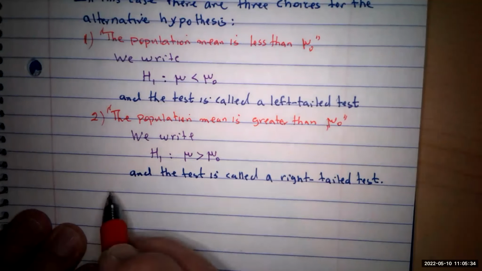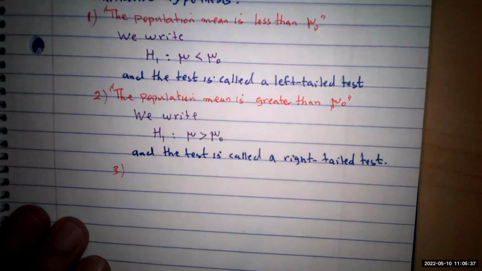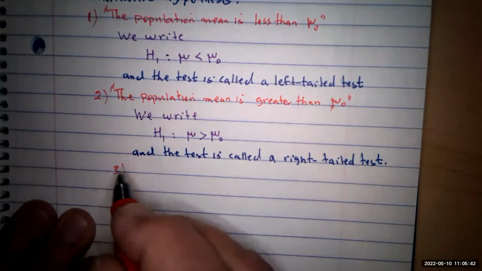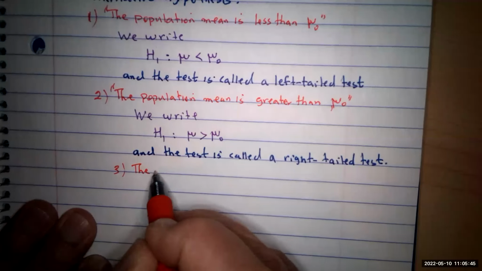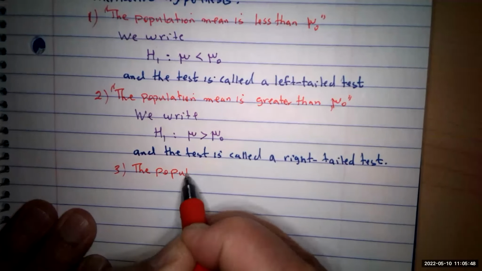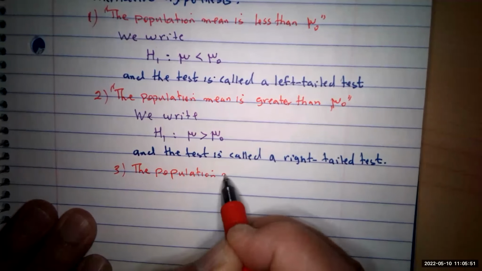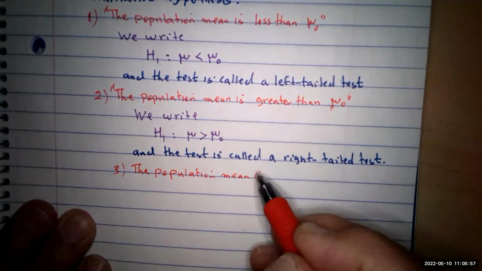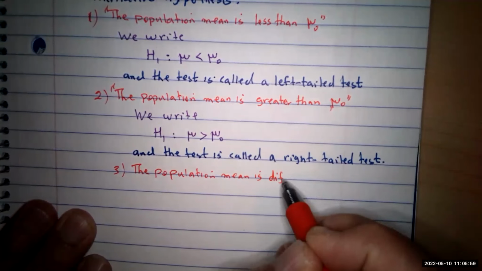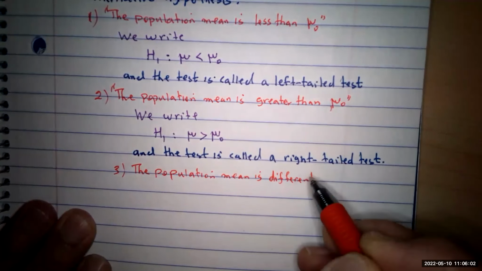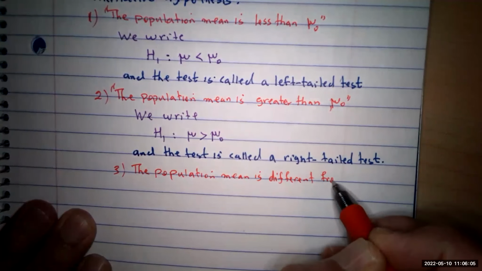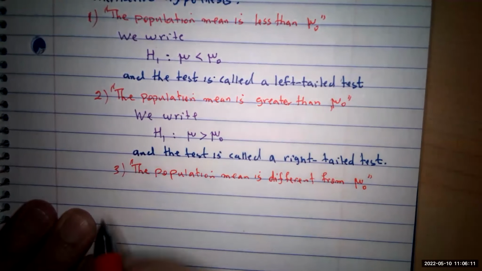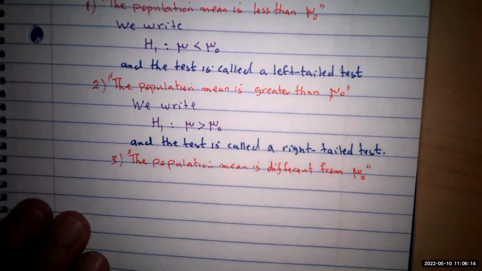Okay, any question? There is a third case. That would be 3 problems that we're going to see in a minute. So what's going to be the last one? The population mean is different from mu0.